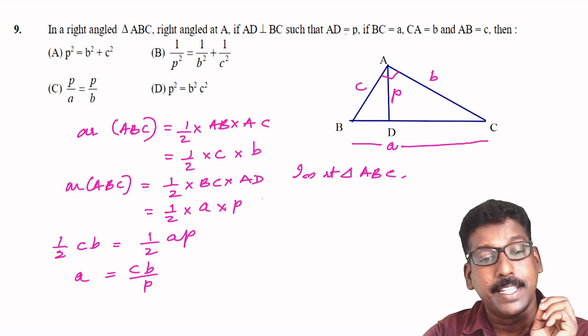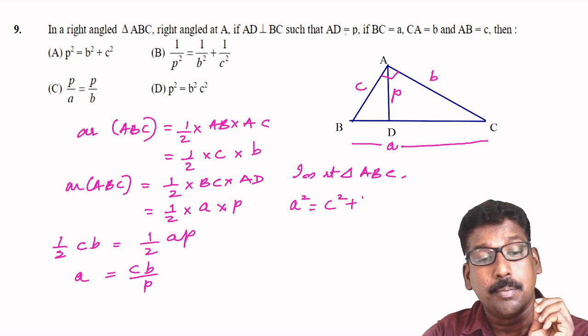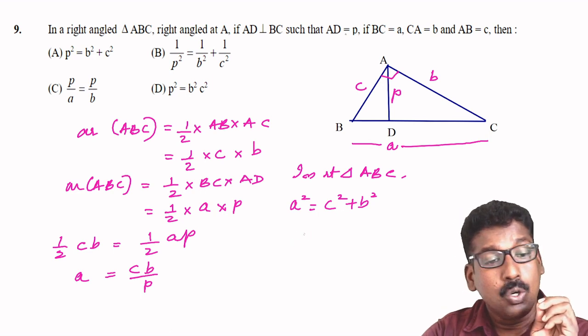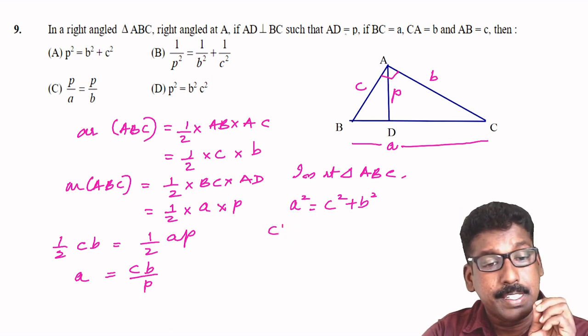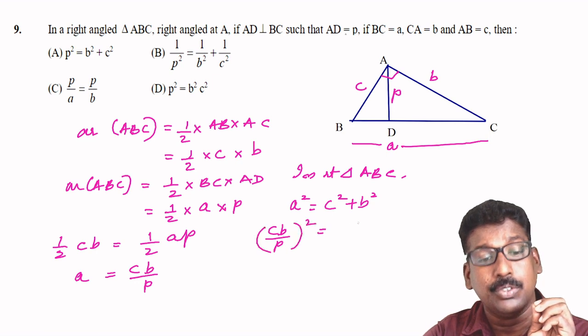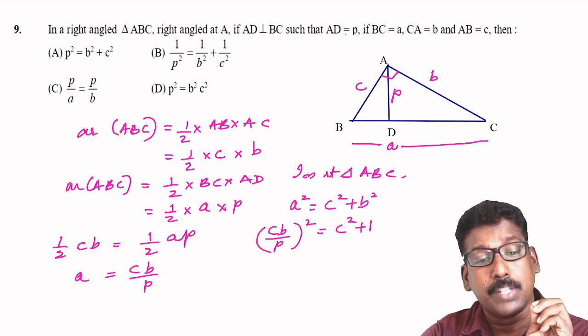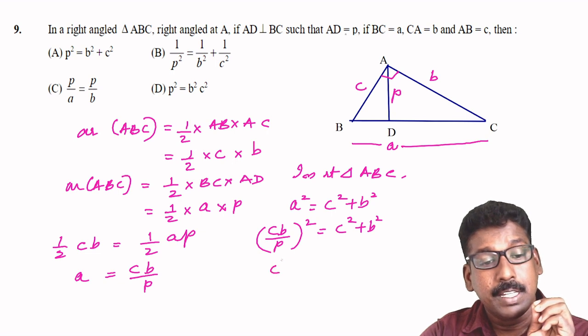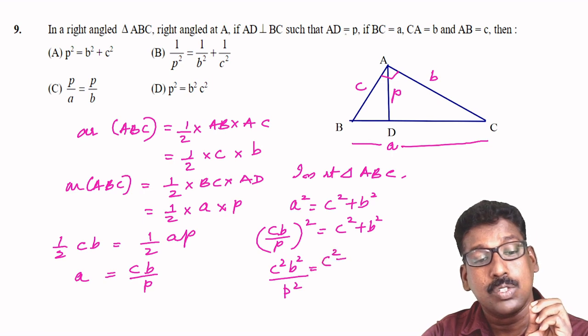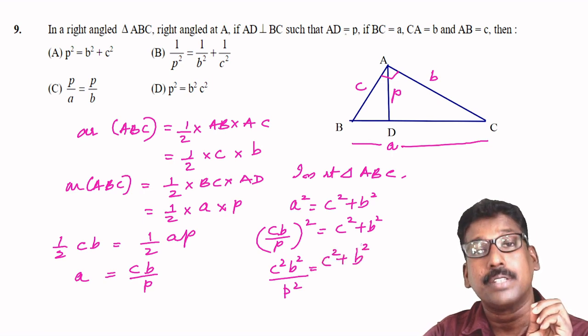Hypotenuse is BC, that is A. So A square, you can write it as C square plus B square by Pythagoras theorem. So A, you know that it is CB by P, the whole square. You can write it as C square plus B square. That is C square B square by P square is equal to C square plus B square.